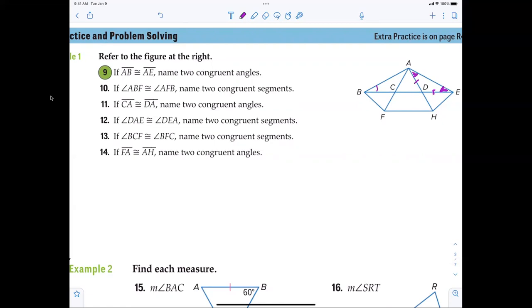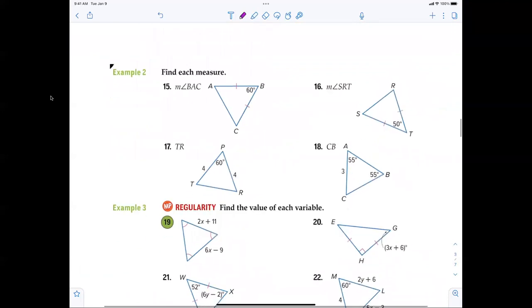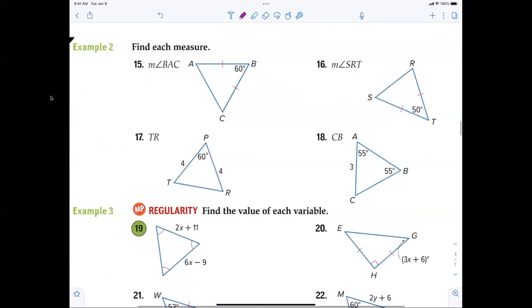Everybody do 13 and 14 on your own. Hopefully you did them already. If I'm looking at 15, these are kind of like the SAT problems. That's kind of why I like doing them. What is the measure of angle BAC? What are we thinking?